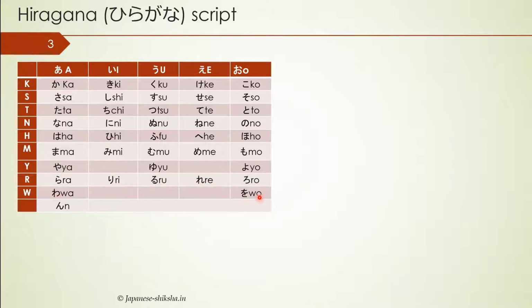Wa, Wo. This is called Wo, you have to pronounce it. Let me pronounce it again. Something like that. Then there is the n. We have already seen a word, I believe, kun, jin. So that n is nothing but this.